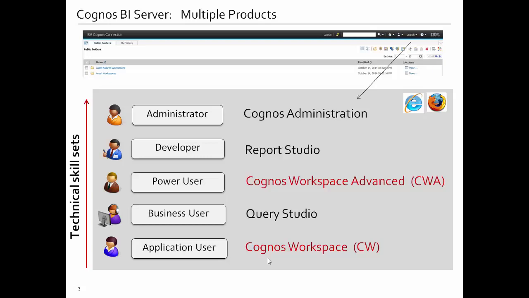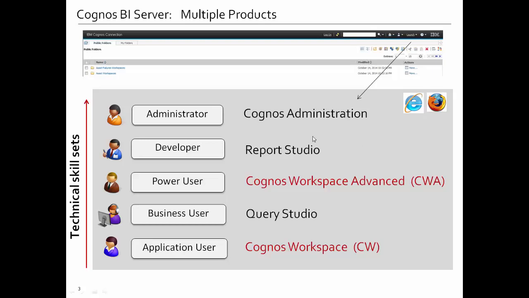That user has a set of skill sets, has a set of business cases, and each one of those tools is targeted towards those users. So as we show on this slide, the technical skill sets of our users increase as we move up, and therefore those tools have much more capability as we move up the vertical spectrum.